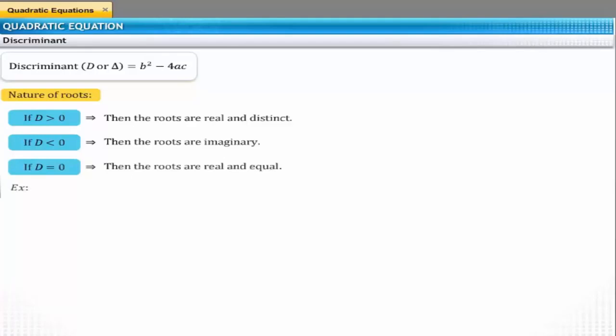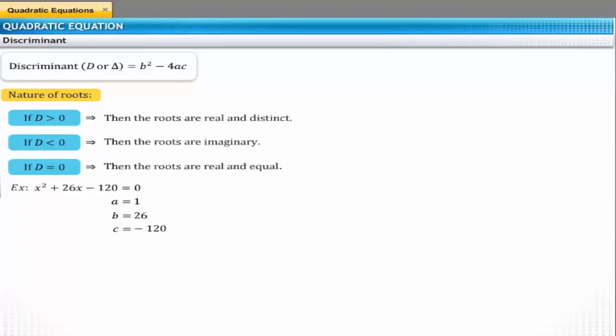For example, let's consider the roots for the equation x squared plus 26x minus 120 is equal to 0. On comparing the given equation with the general form of a quadratic equation, you get a is equal to 1, b is equal to 26, c is equal to minus 120.